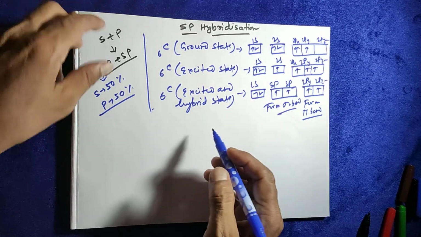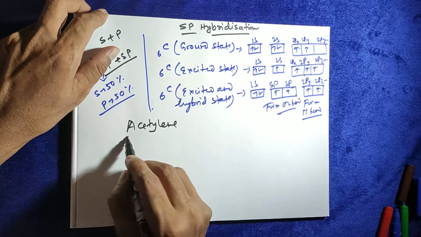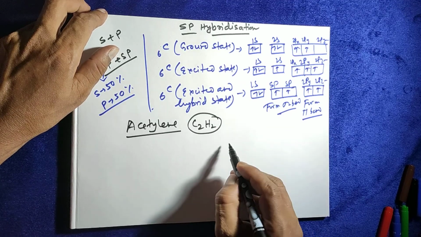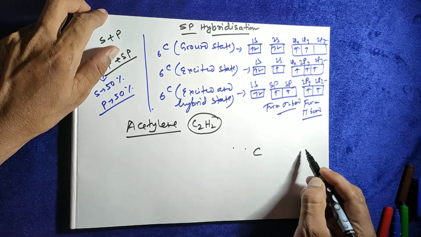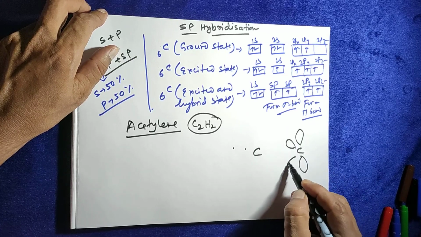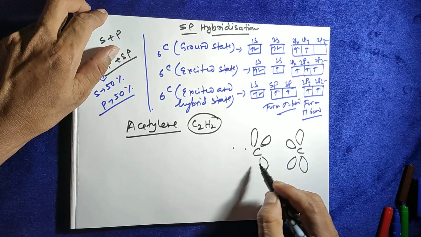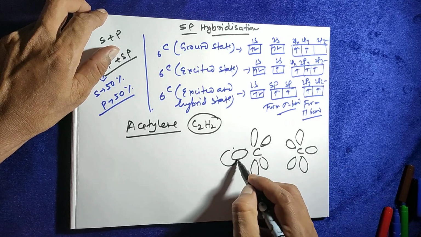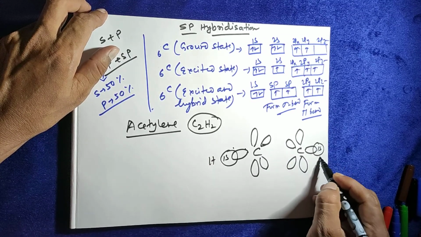Now in the case of acetylene, the molecular formula is C2H2. So I am explaining it. This is C, and this is the 1s of hydrogen.